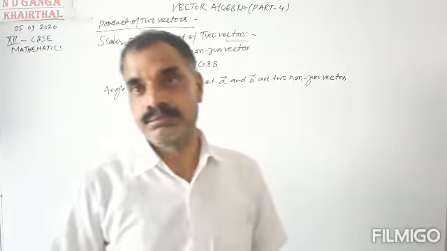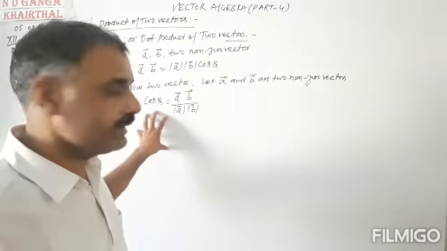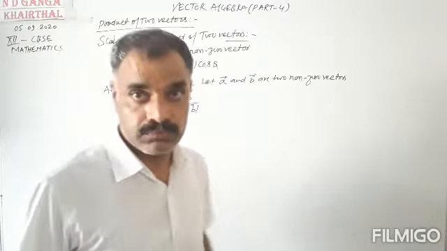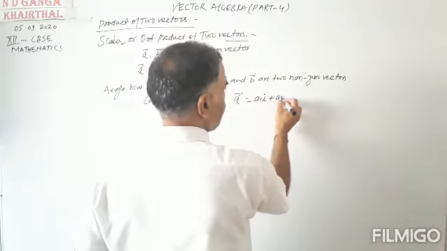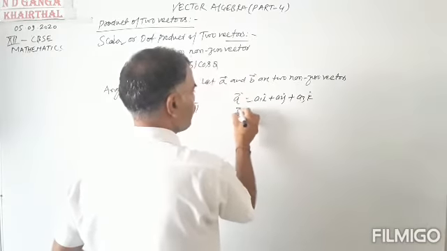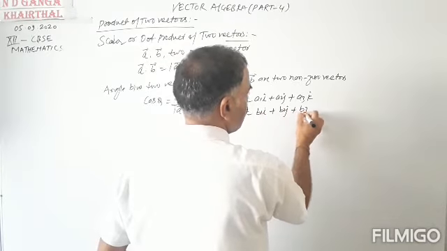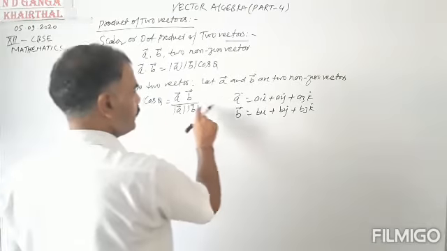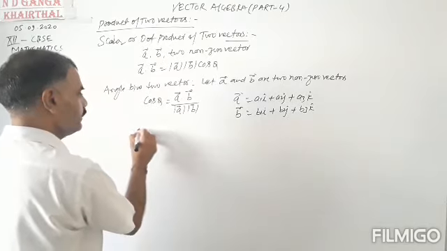Now we will convert this angle between two vectors into component form. If a vector equals a1 i cap plus a2 j cap plus a3 k cap, and b vector equals b1 i cap plus b2 j cap plus b3 k cap, then for cos theta, first of all we will find a vector dot b vector.